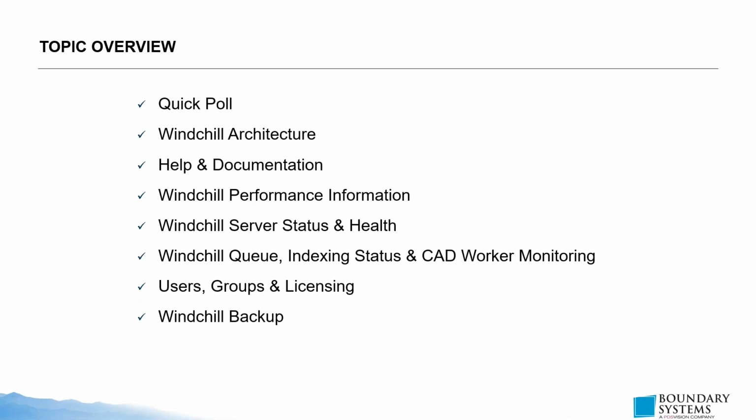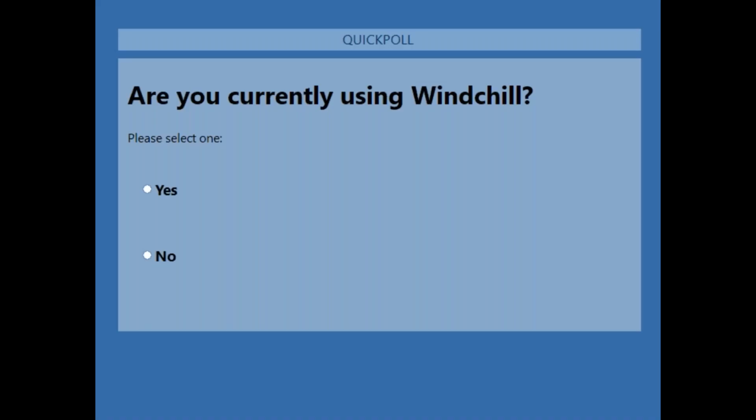Then looking at queues, indexing, and workers. Those are the common problems we see that an administrator needs to handle. Also users, groups and licensing, and lastly, Windchill backup. So let me quickly start the next one.